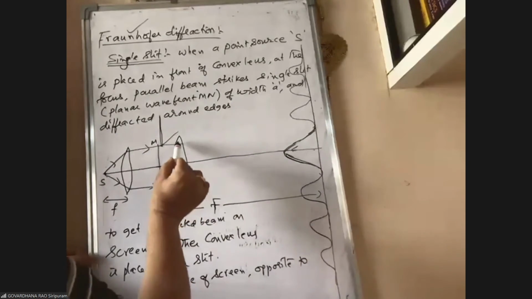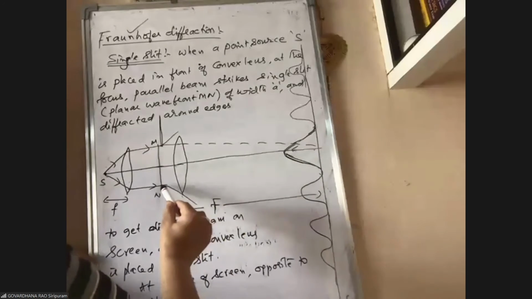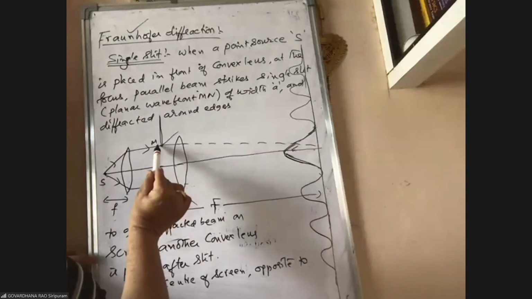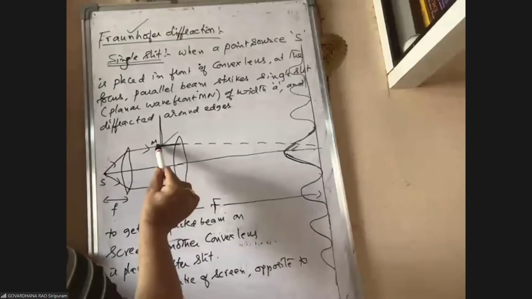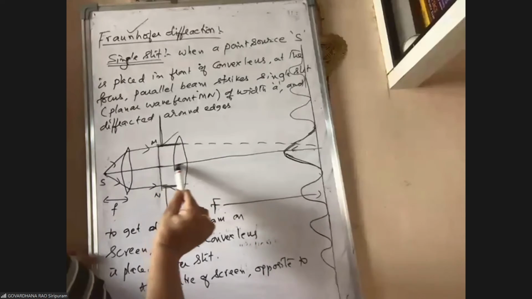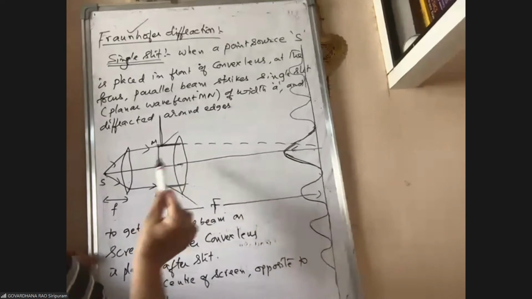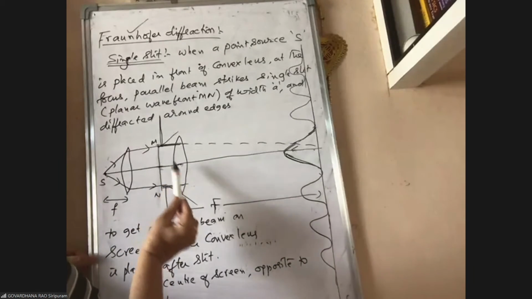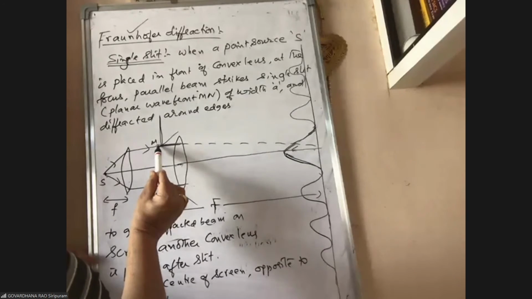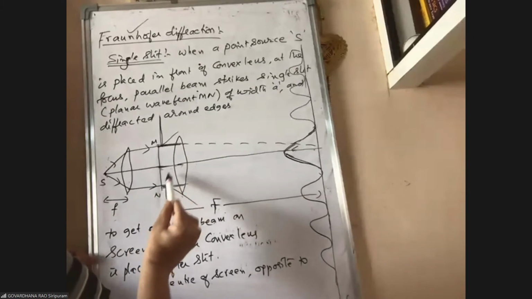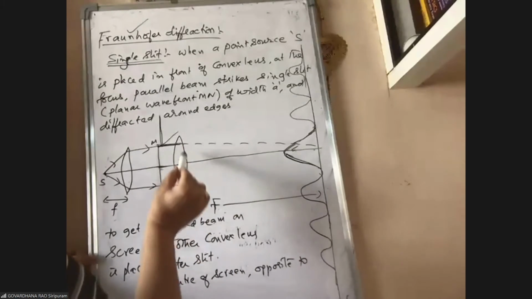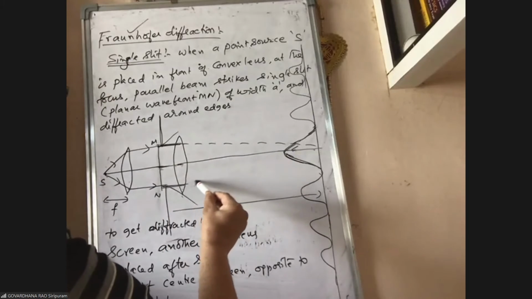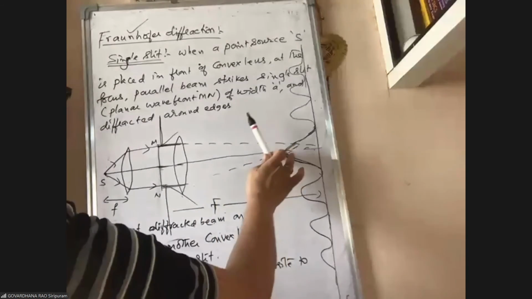Opposite to the slit here, the path difference will be whatever distance is traveled by this ray here and here. There is no path difference because all these rays travel the same distance before reaching the lens. Once they strike the lens, the duty of the lens is to converge them, and you will get the central maximum.